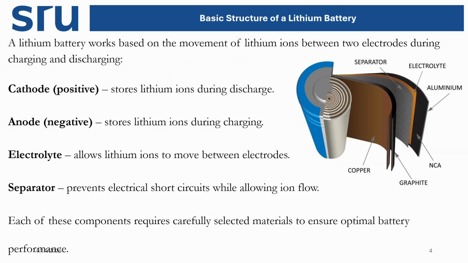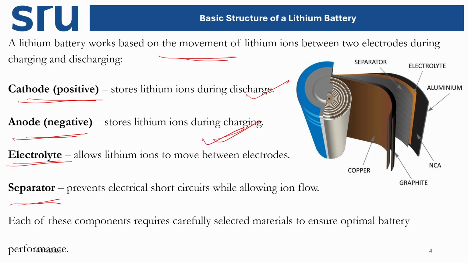These are the components we discussed: the cathode, the anode, the electrolyte and the separator. The cathode stores lithium ion during discharge, because at discharge time we make it negative, so lithium plus ion comes in. In the opposite way, during charging the lithium ion will move and be stored in this.